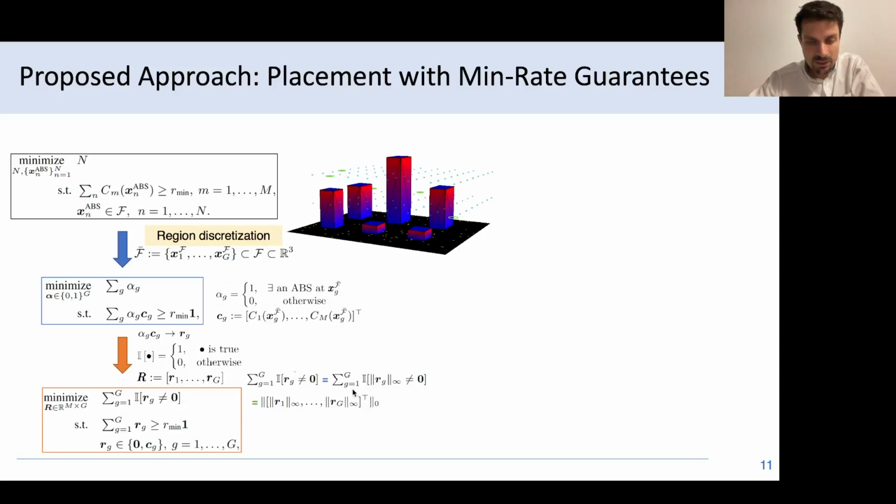And then we can note that the sum of these indicators here equals the 0 norm of the vector that contains the infinity norms of each of these R vectors. These are called R vectors because they can be interpreted as rates.